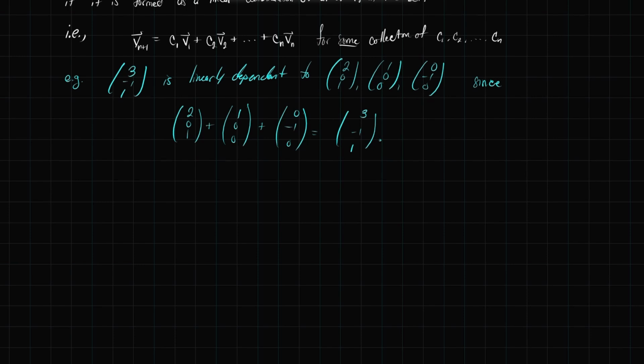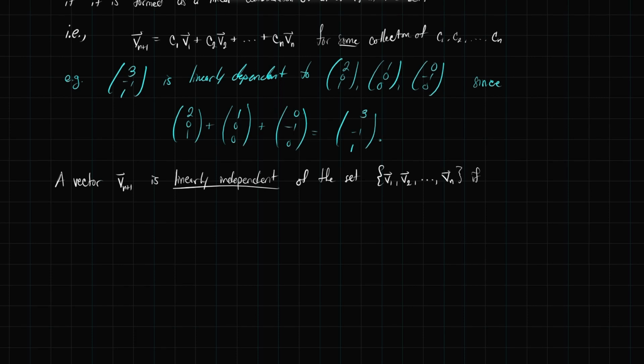So that's a definition of dependence, and then we call vn plus 1 linearly independent of the set v1, v2, ..., vn, if it is not linearly dependent.